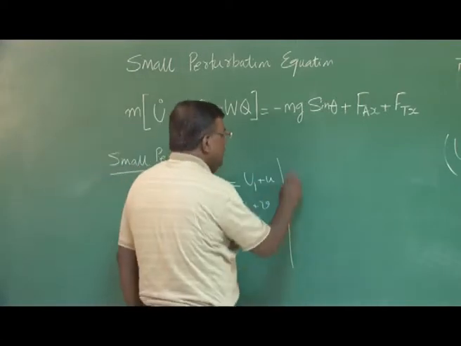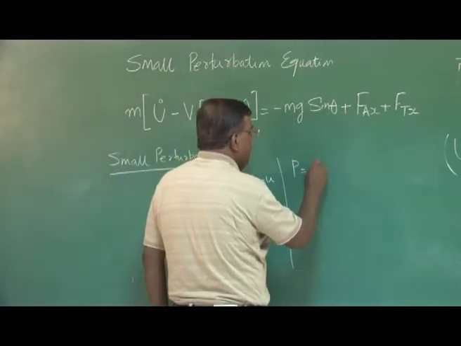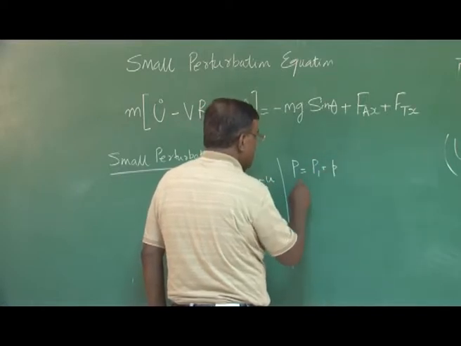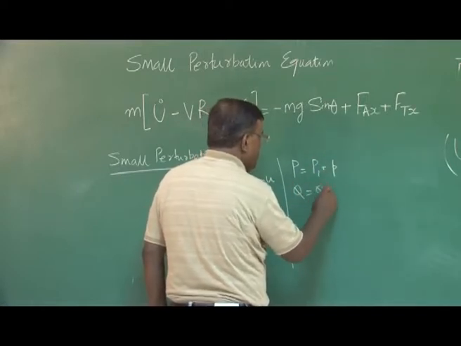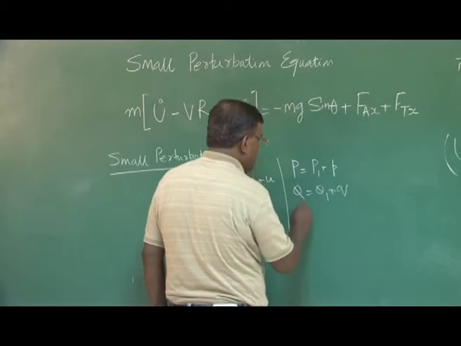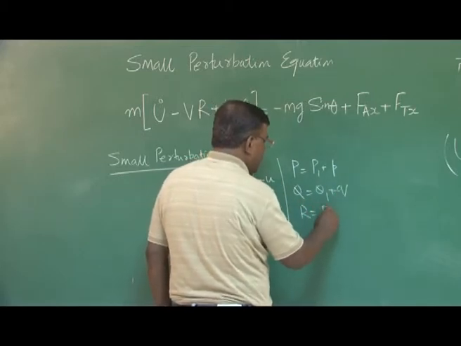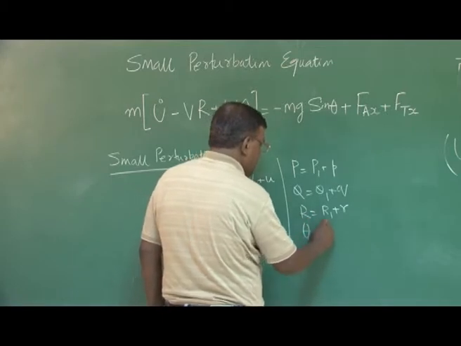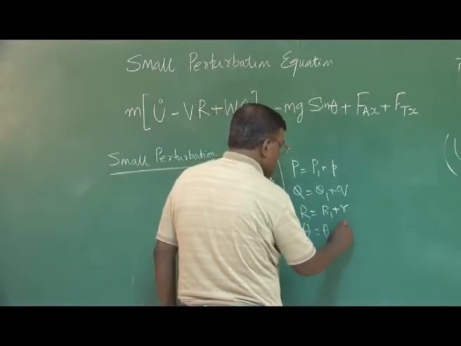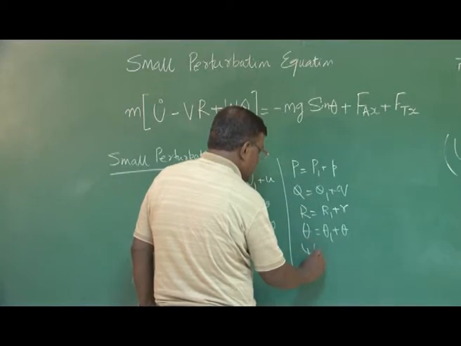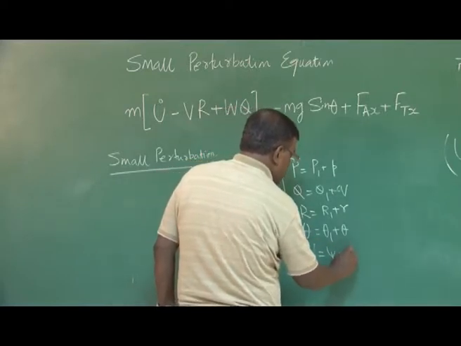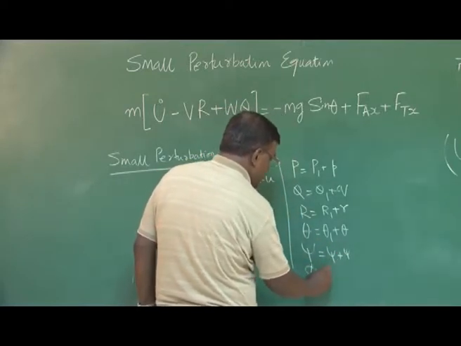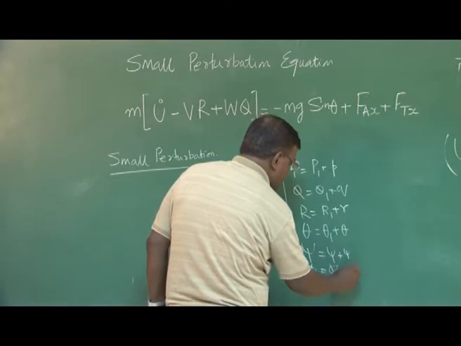Similarly, P as P1 plus small p, Q as Q1 plus small q, R1 plus small r. So, theta1 plus small theta, psi1 plus small psi, phi1 plus small phi.